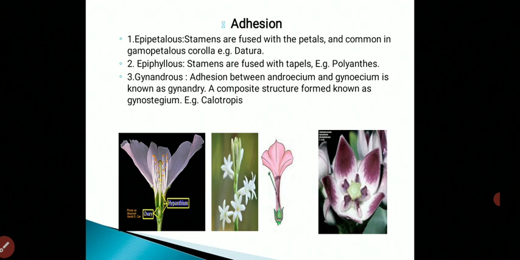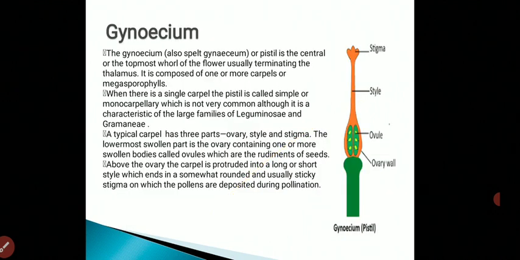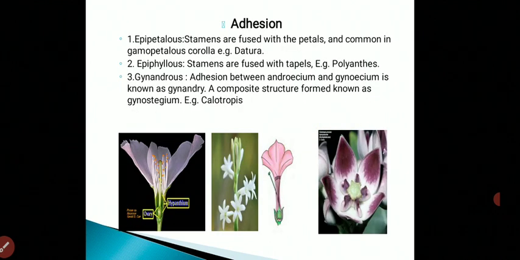And third one, that is gynandrous. Here the adhesion between Androecium and Gynoecium is known as gynandry. A composite structure formed is known as gynostegium. This last flower is showing the gynostegium condition in Calotropis.